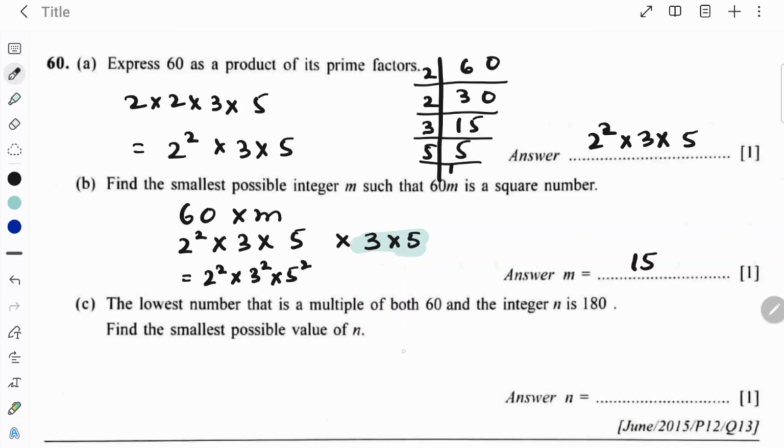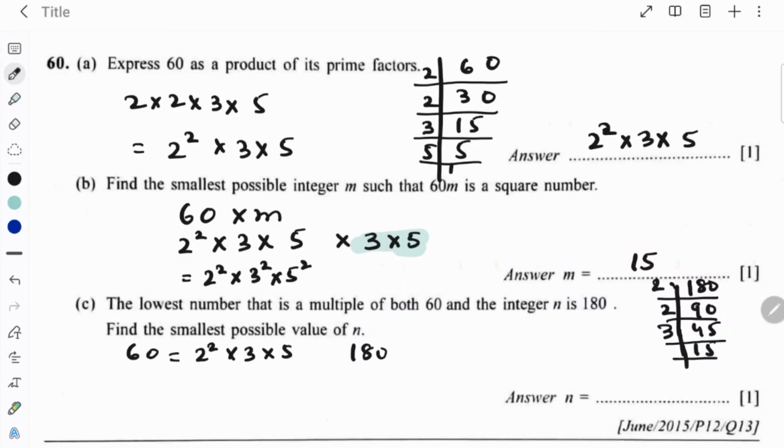So for 60 we know 60 is equal to 2 square into 3 into 5, and 180 is 2 times 90 and 45, it's the same number, and this is 315 and 5 3. So 2 square into 3 into 3 square into 5, that is 2 square into 3 square into 5.